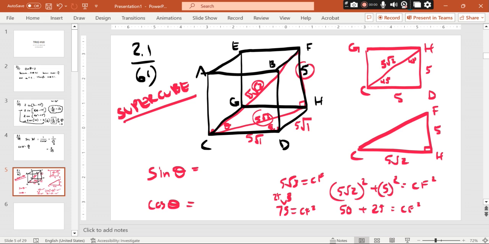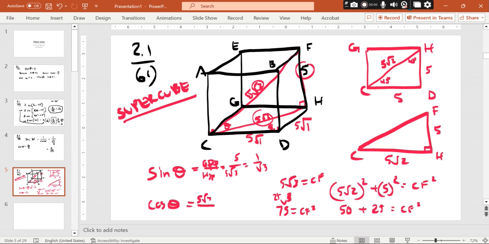All right. So what is the sine of this here? Sine is opposite over hypotenuse. Opposite is 5. Hypotenuse is 5 root 3. Everybody okay with 1 over root 3 for the final answer? And then the cosine. Cosine is adjacent over hypotenuse.